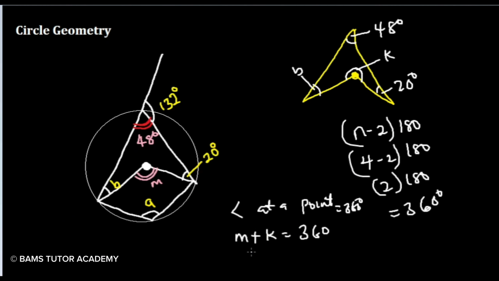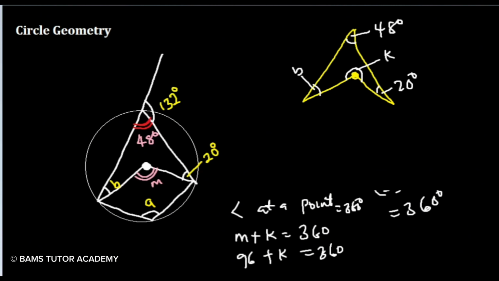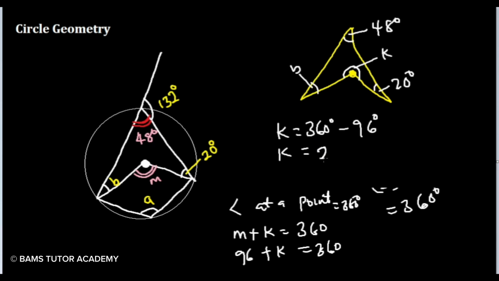And don't forget that M is 96, so 96 plus K is equal to 360. So K will now be equal to 360 degrees minus 96. Let's quickly use our calculator. 264. So we've gotten a value of K.